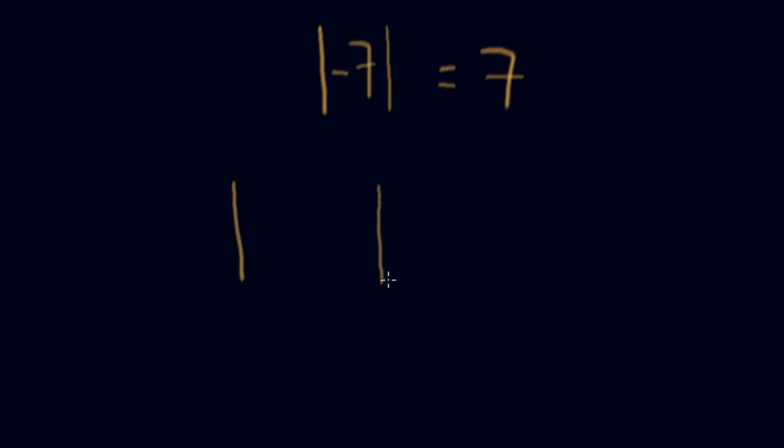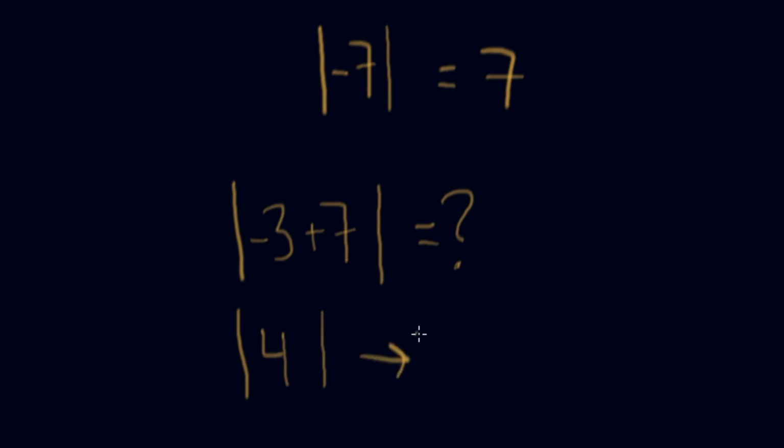And then whatever the number is in there, it has to be positive. So for this one, what's negative 3 plus 7? It's 4. Okay, is 4 positive? Yes, so your answer is just going to be 4.